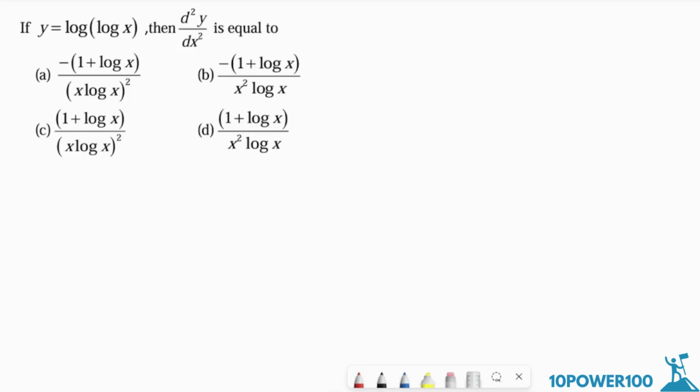Next question. If y is equal to log of log x, then they have asked for the double differentiation. So let's see how to calculate this. Y is equal to log log x. Before getting into the double differentiation, we'll calculate the first differentiation. dy by dx is equal to, the outer function is log.